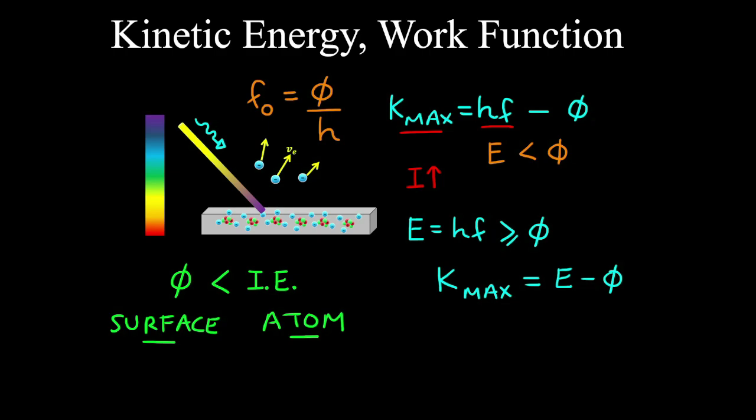Because the maximum kinetic energy of the photoelectron can only take on positive values, so there must be some threshold frequency for which the kinetic energy of the electron is 0. Noting that the frequency of the incident light must be larger than or equal to the threshold frequency for the electron to be ejected from the material.